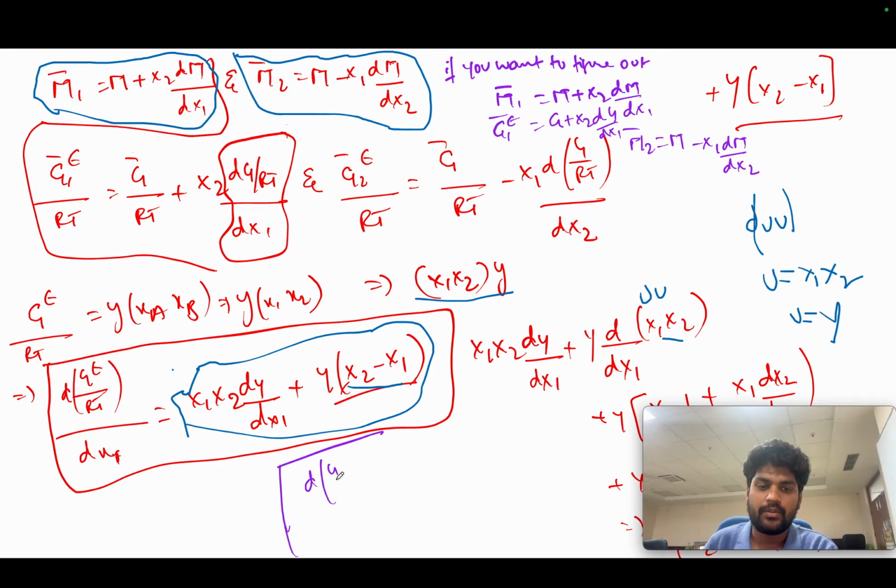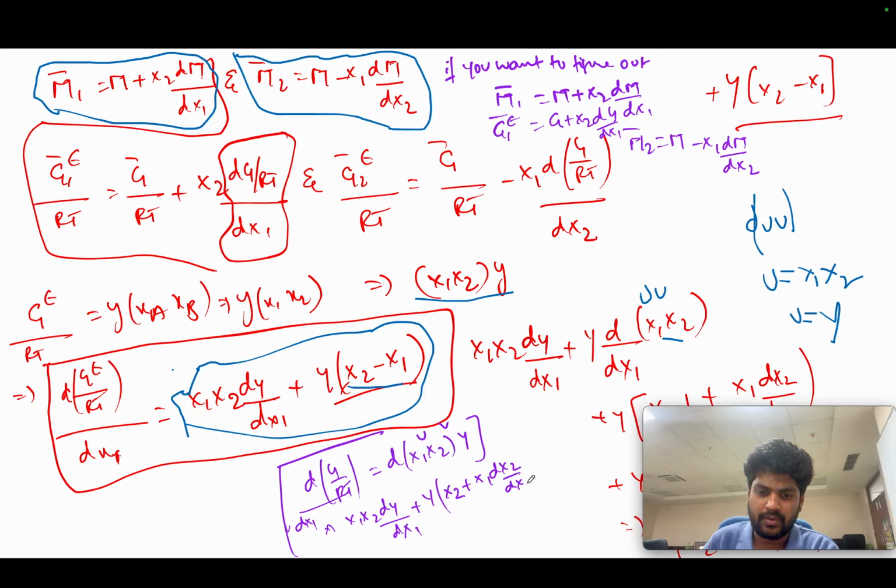So d of g by RT is nothing but d of x1 x2 into y. I will apply the uv rule, which says x1 x2 times dy by dx1, plus, here y will be common, then again I apply the uv rule, which says x2 plus x1 into dx2 by dx1.